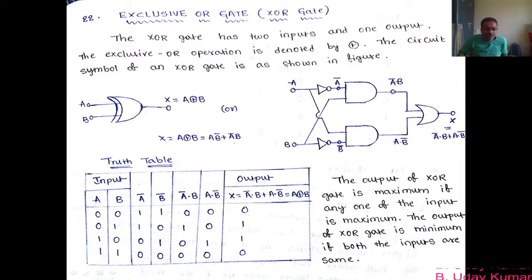So now we have A bar here and B here, and now I have to find A bar dot B. So to find A bar dot B, take the column of A bar and B. So now you have to concentrate on these two columns. Okay, A bar dot B. You have to multiply the inputs of this A bar and B. That's it.